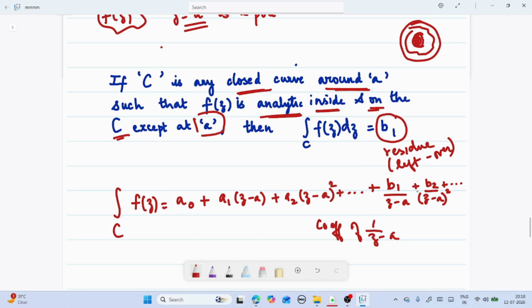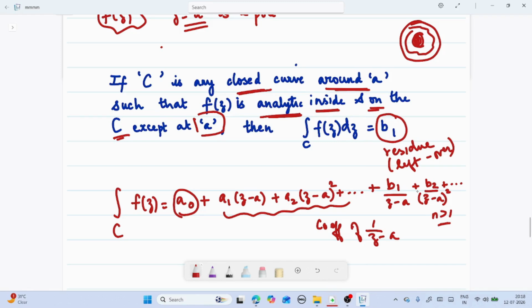The integral of a constant along a closed curve becomes 0. The analytic part, by Cauchy's integral theorem, also integrates to 0 over a closed curve C. And the terms from b2 onwards, with powers greater than 1, will also vanish.